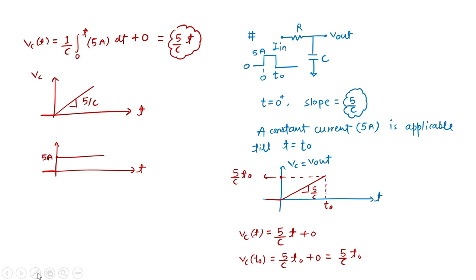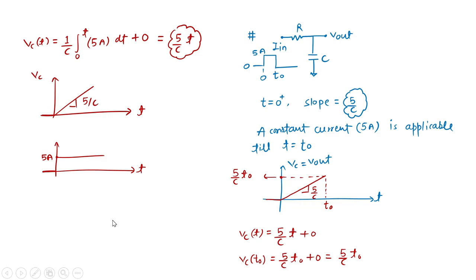And after that what is happening? After that the current is removed or the circuit is kept open. For t greater than t naught, or just at t naught plus, my circuit is again open because current being 0 simply means the circuit is open.